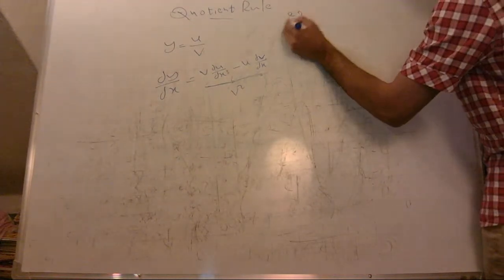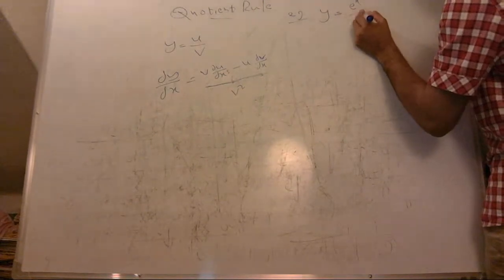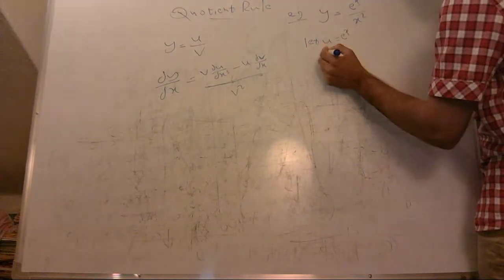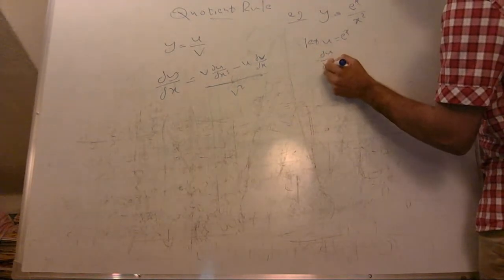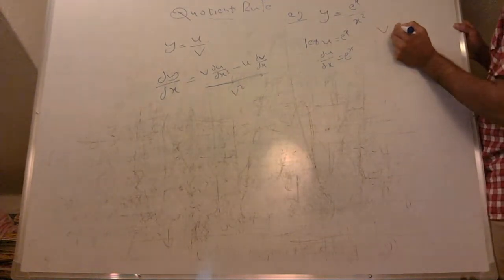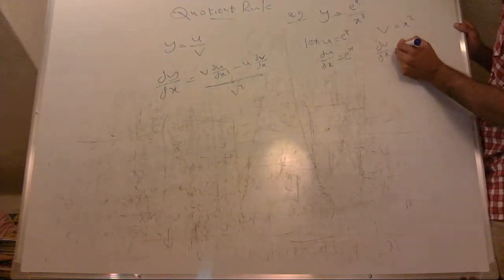So let's do an example. Let's say y equals e to the x over x squared. Let u equal e to the x, so du dx equals e to the x, and let v equal x squared, so dv dx equals 2x.